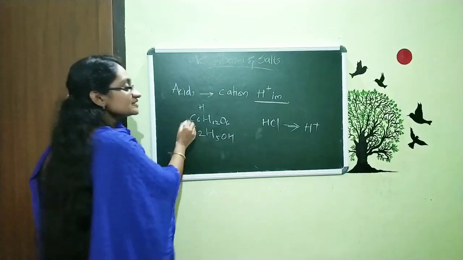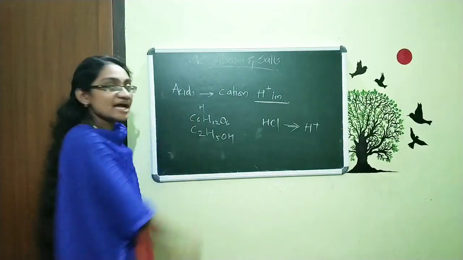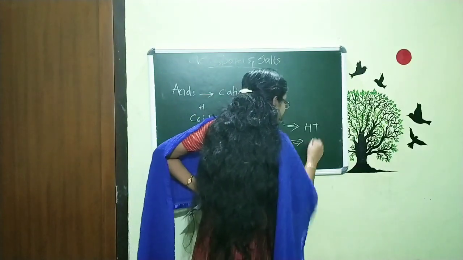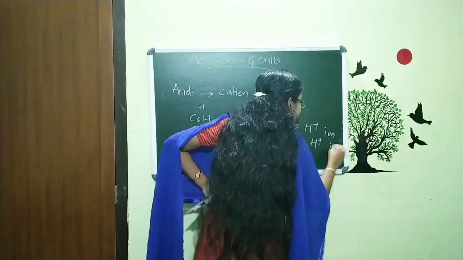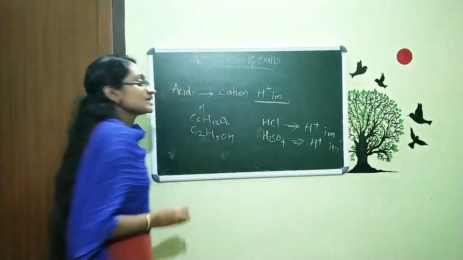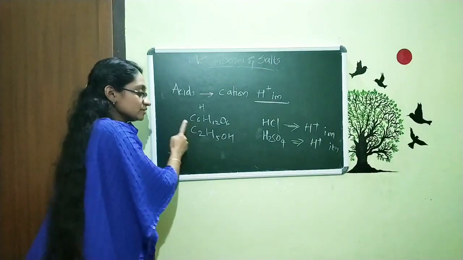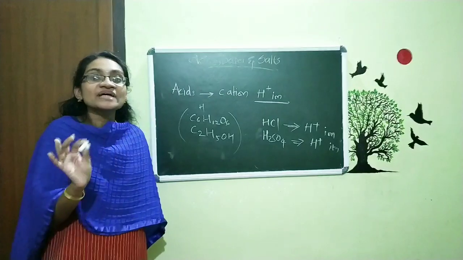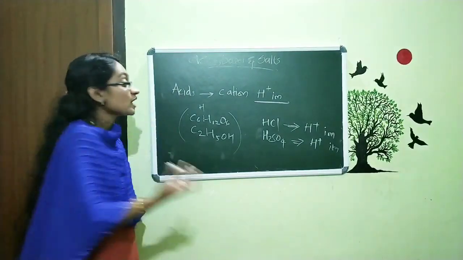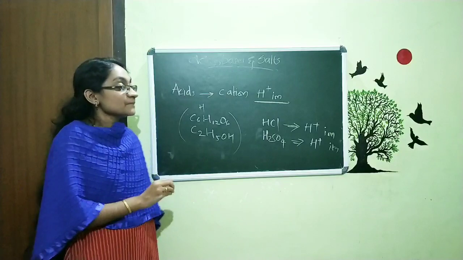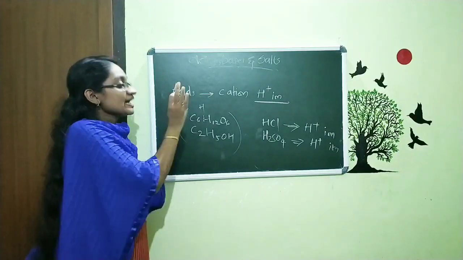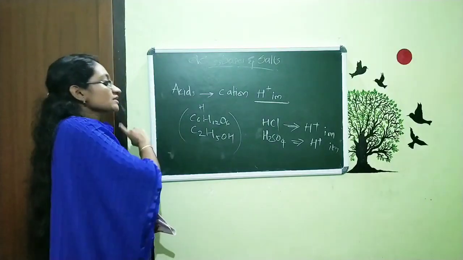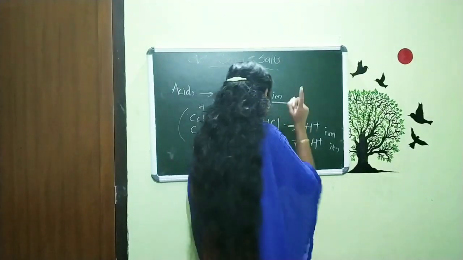That's why this is not conducting electricity and this is conducting electricity. H2SO4 also has H plus ions present, so it conducts electricity and the bulb glows. Here it is not glowing because alcohol and glucose do not have H plus ion. They only have hydrogen, but remember, hydrogen and the hydrogen ion are different things.